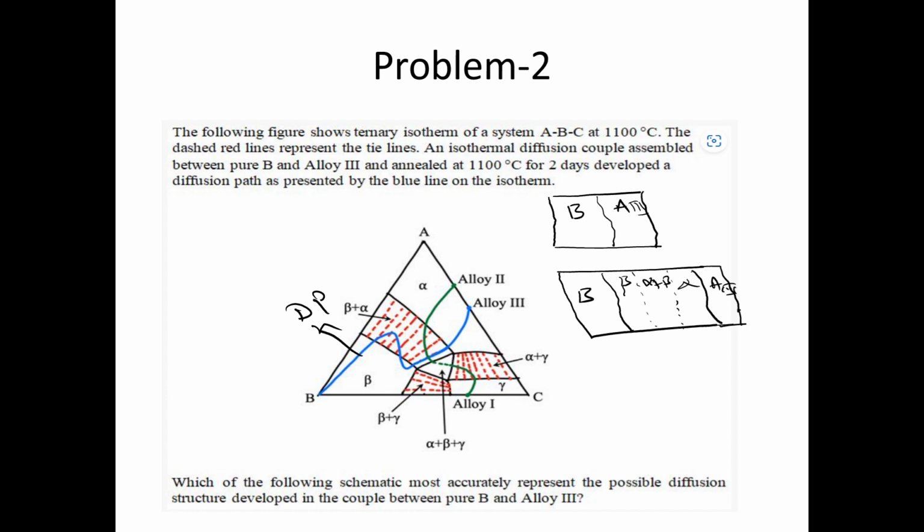Let us understand the second problem. In this problem 2, the second part is, if you are doing diffusion annealing between alloy 3 as well as alloy 1, what type of microstructure is observed during the diffusion annealing? One more interesting thing here is that it is passing through the three phase region.